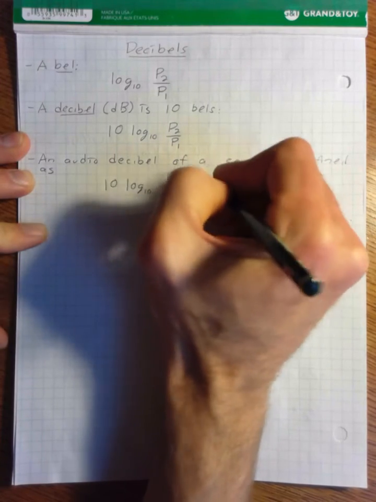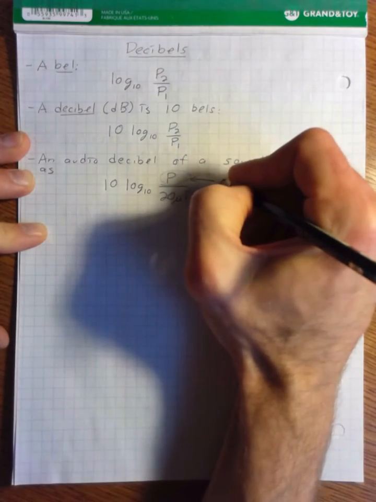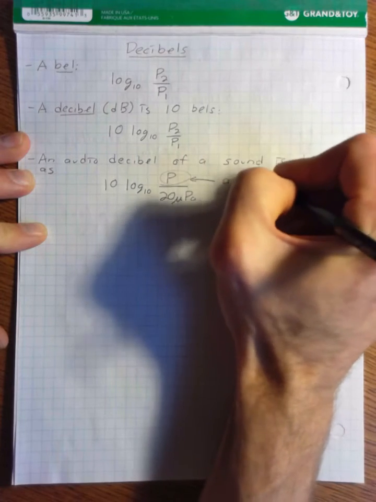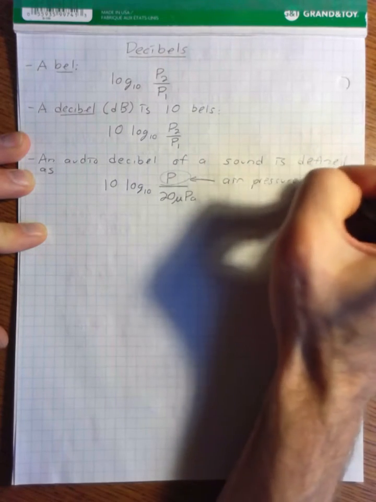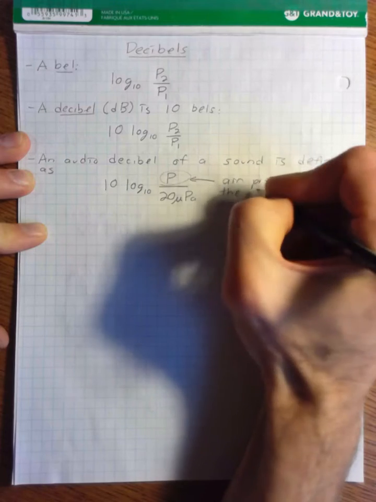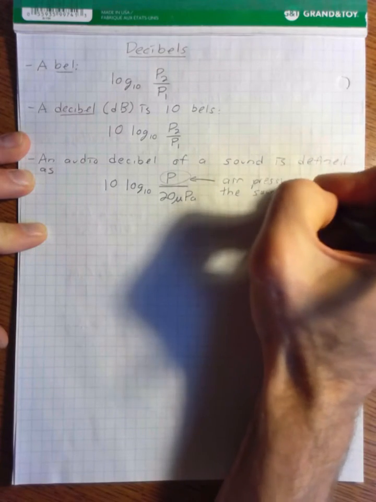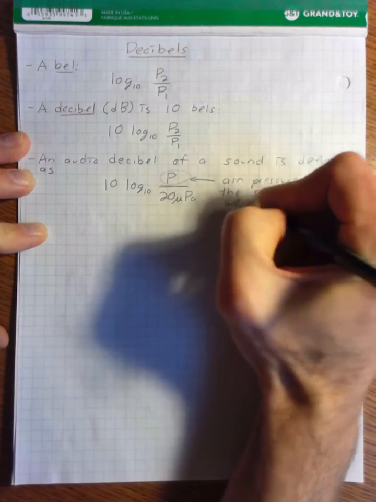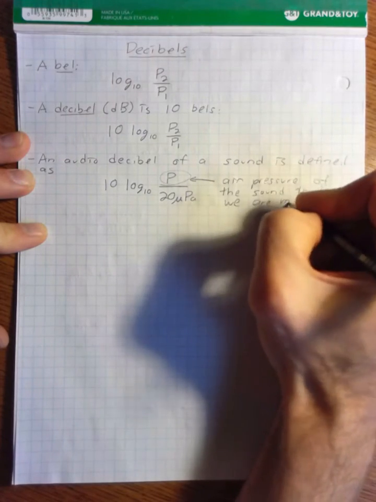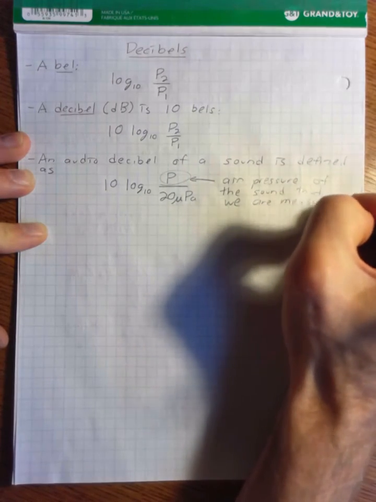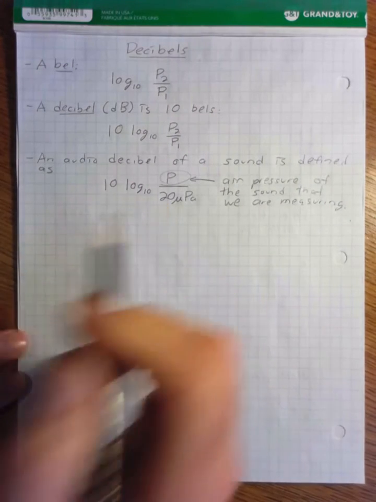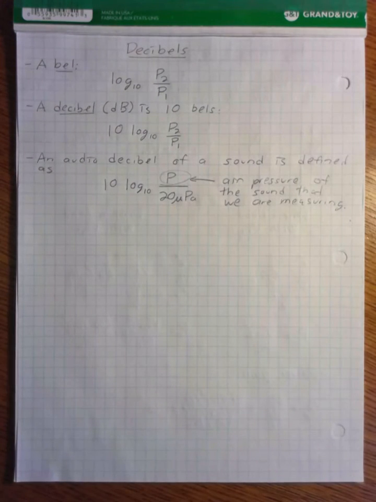In this case, P is the air pressure of the sound that we're measuring. And 20 micropascals is the air pressure that's the threshold of our hearing. Any sound that makes a difference in air pressure of less than 20 micropascals, we probably can't hear it.